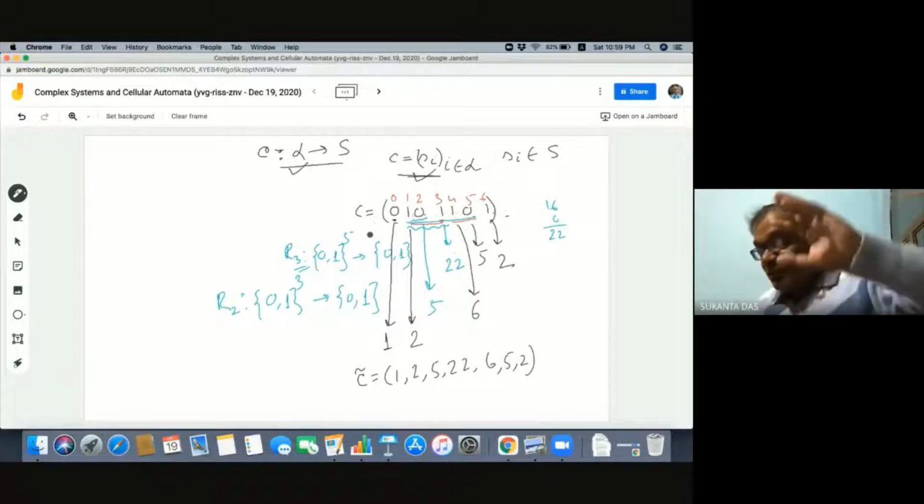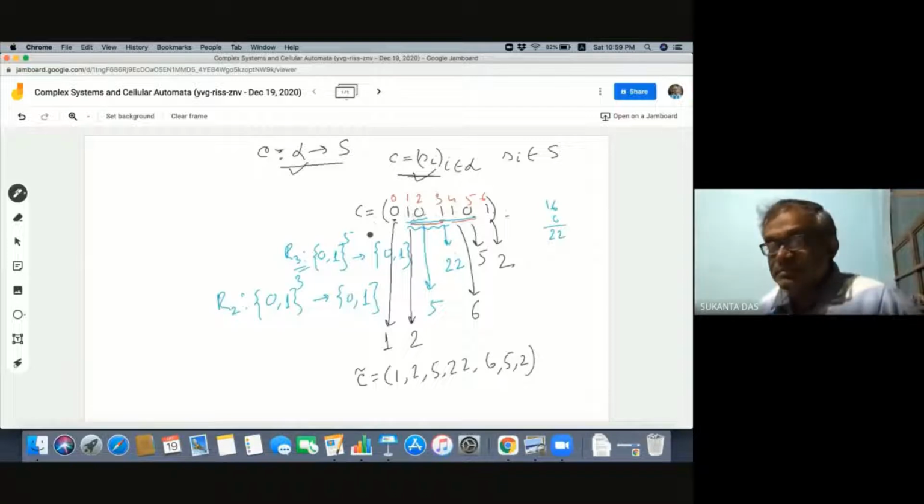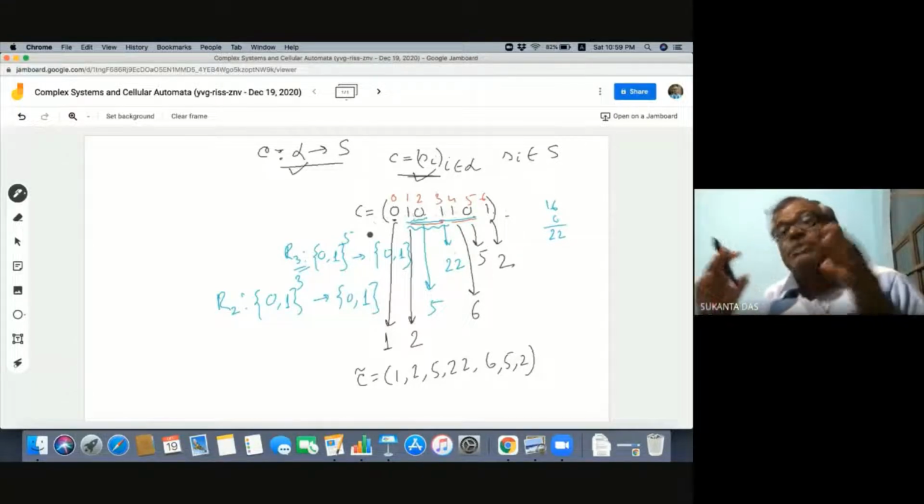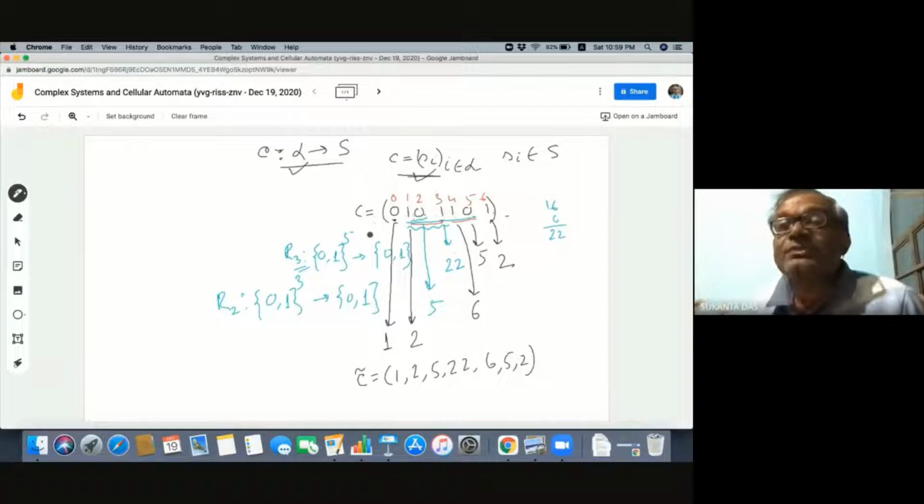However, for a given configuration, if I want to get the RMT sequence, then we need additional information. If it is non-uniform CA, for the non-uniform CA, we need to know the neighborhood dependency of individual rules. That additional information we need to find the RMT sequence of our configuration, right?